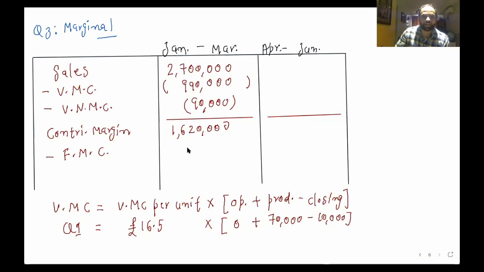For question 3, your fixed manufacturing cost is 100,000. Minus fixed non-manufacturing cost. How much is fixed non-manufacturing cost? 20,000.